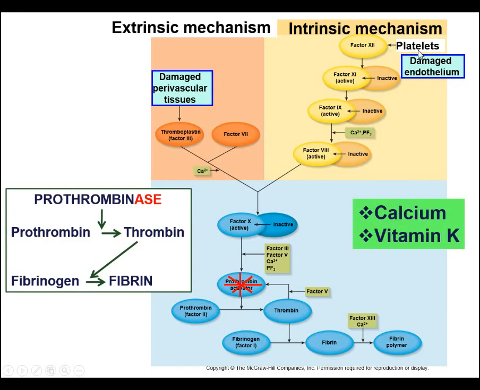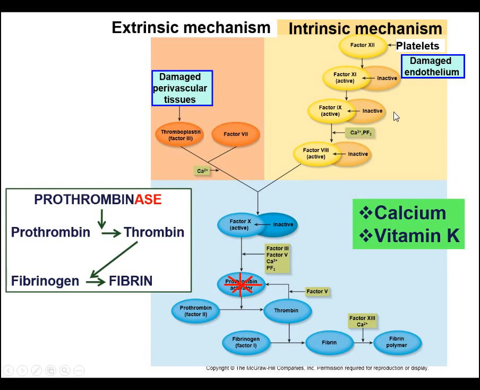Again, platelets will be key players to begin this process. Coming from the extrinsic mechanism, that just means that we have tissue damaged from the outside in and around vessels, and that will then set off this process coming in this direction.